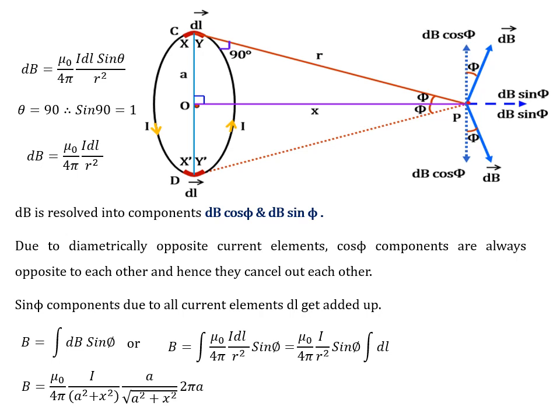We can simplify this expression further and the result will be B is equal to mu naught I a square upon 2 into a square plus x square whole to the power 3 by 2. So, this is the expression for magnetic field at a point on the axis of a current loop.